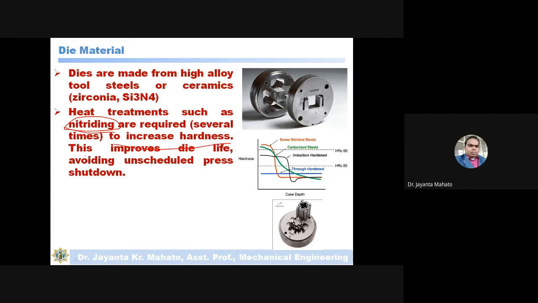Okay, and this improves the die life, and avoids unscheduled shutdown. If the die life increases, then there will not be chances of getting a shutdown.